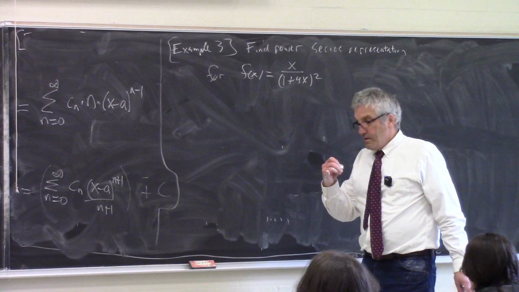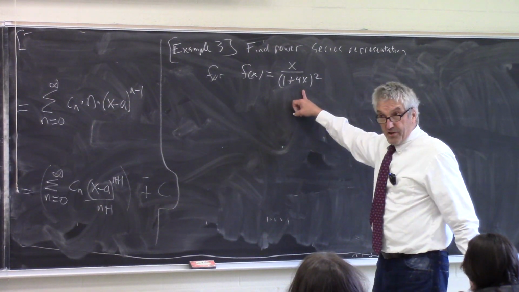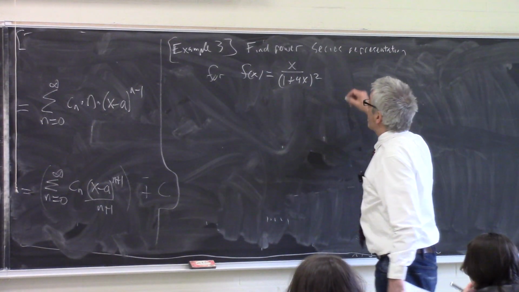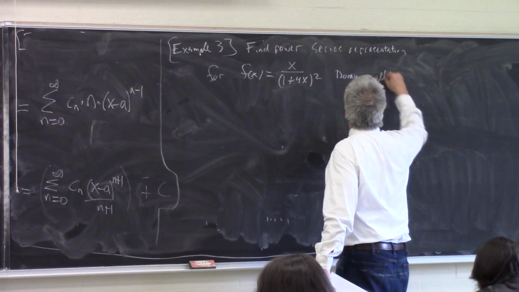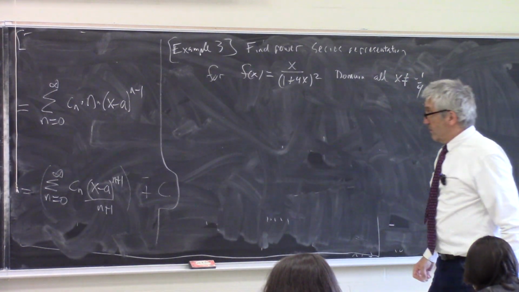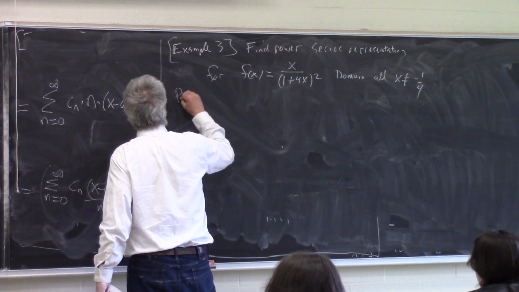It starts at 1, it goes down. Well, think about this. What would cause the denominator to be 0? Negative 1/4. Yeah, so the domain of the original function is all x that are not equal to negative 1/4. Just that one bad x value. Okay, so there's that.